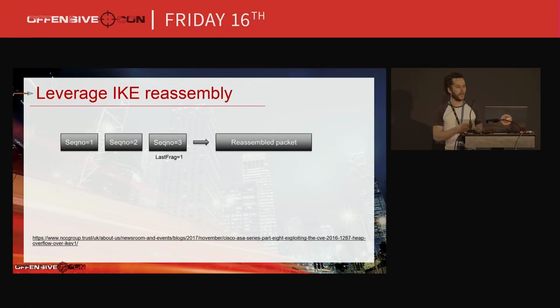First, if you're not familiar with IKE reassembly, the idea is a little bit what was explained in the previous talk: you send different IKE fragments, and they're going to be reassembled into another packet. Here you send sequence number 1, sequence number 2, sequence number 3, and the last one has a special bit indicating it's the last one, and that's when it's going to be reassembled.